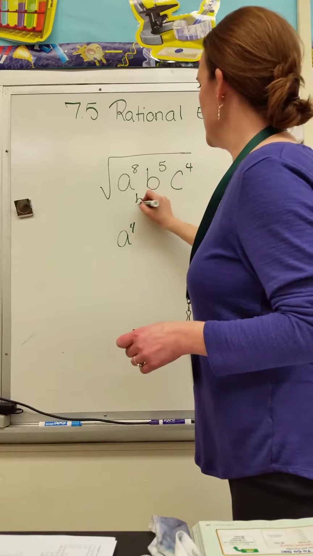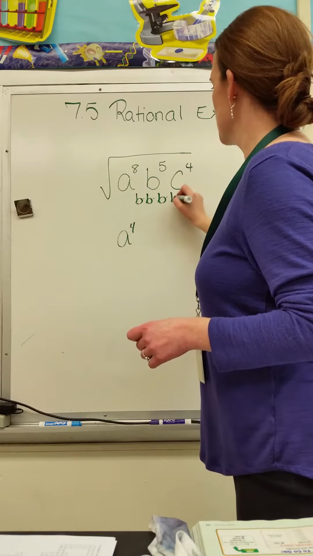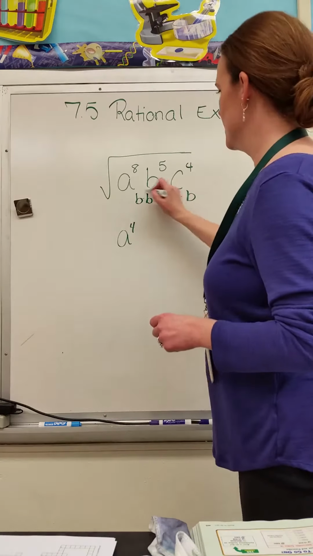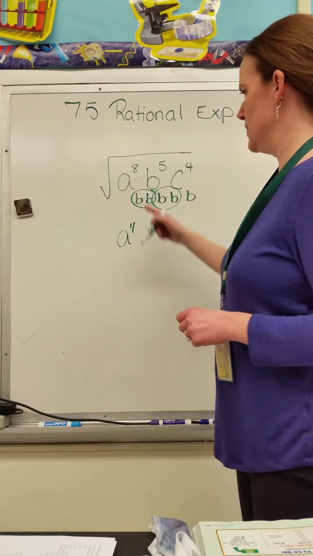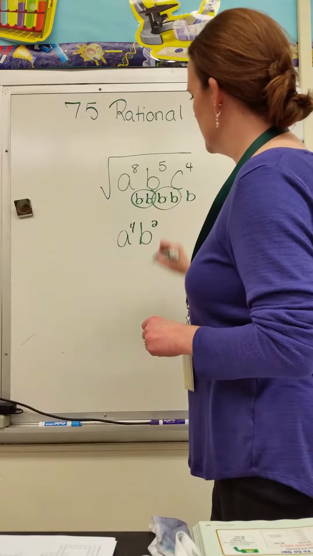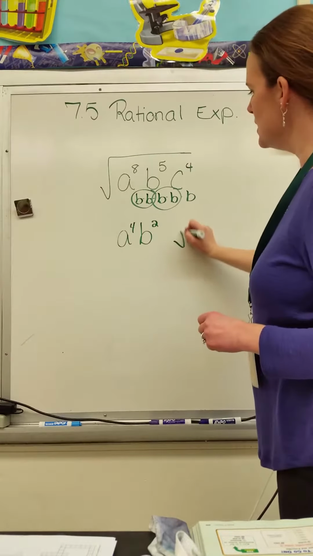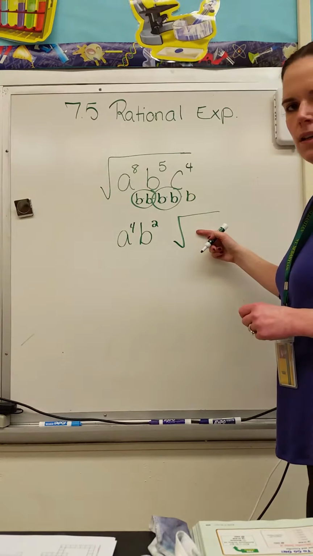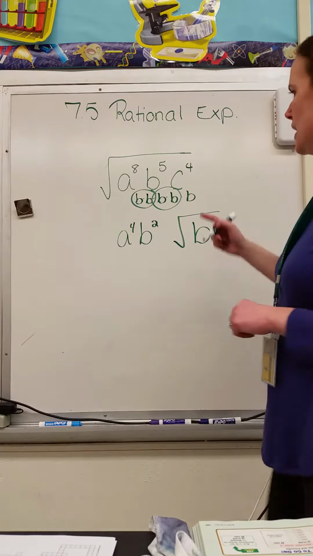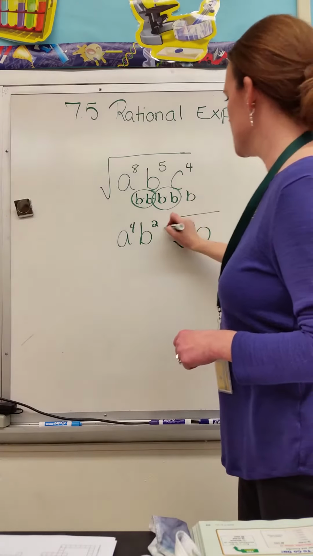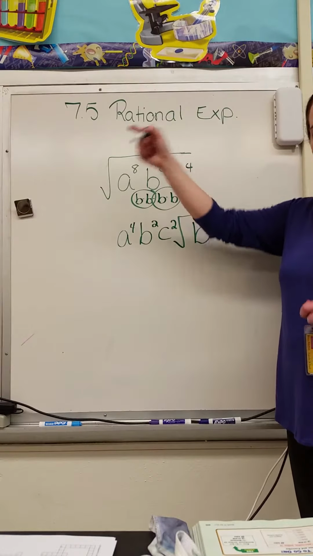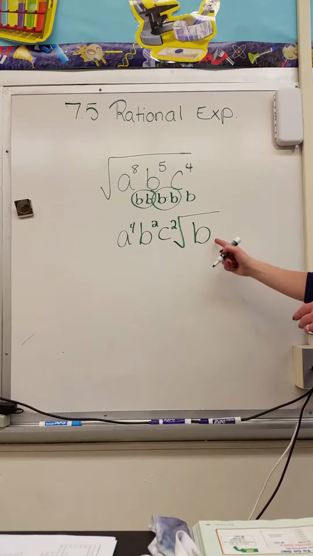But in b times b times b times b times b, you can see where there's actually 2 pairs and 1 b that's left over. So you would say b squared, but you would still need to have this radical sign with 1 b that's left in it by itself. And then c to the 4th, that's 2 of them. That goes evenly. So if there's an odd number and you're dealing with a square root, there's usually something left in the radical.